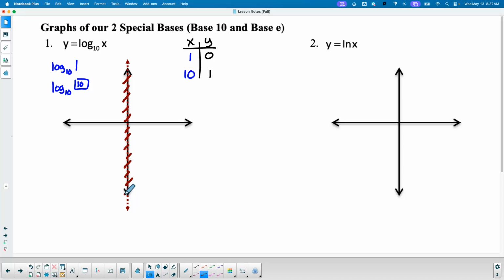That's great, that's more information. Then it's going to come up through here, and then we can add in our 2 points. This is the point 1, 0, and over here would be the point 10, 1, somewhere down the line.